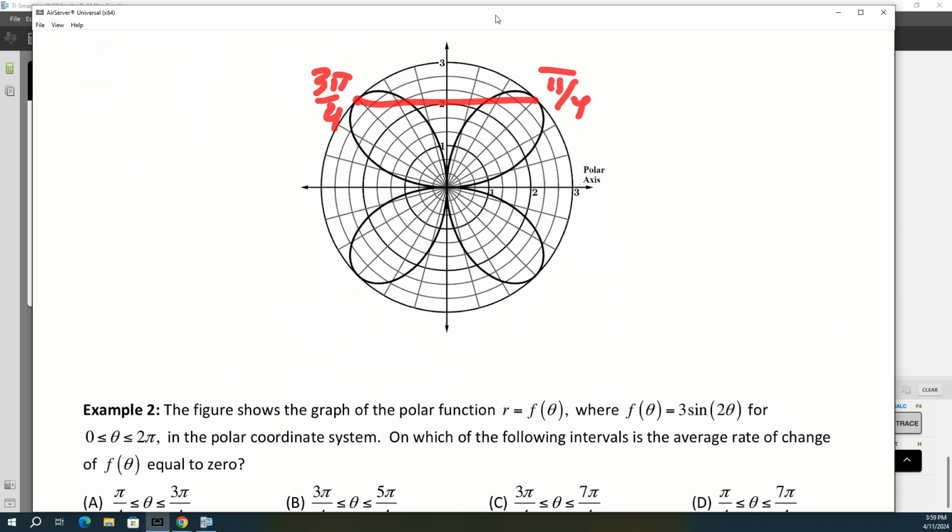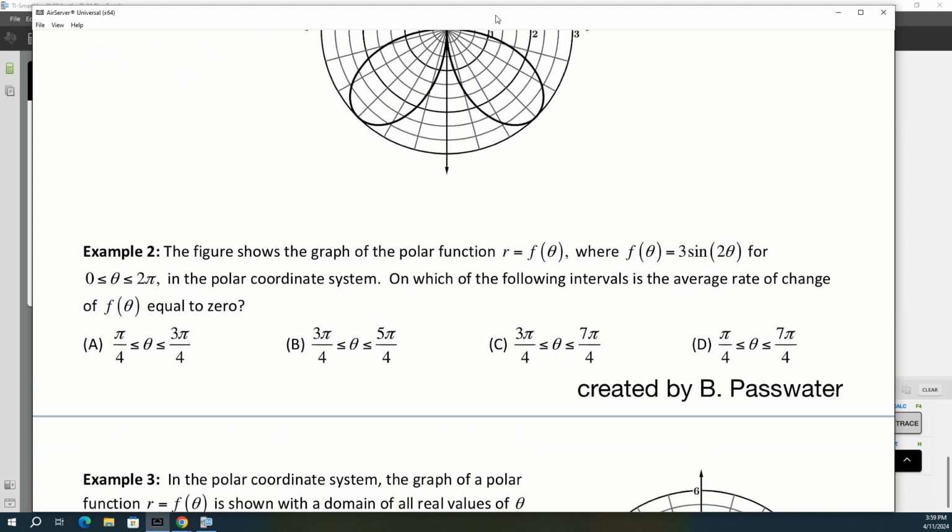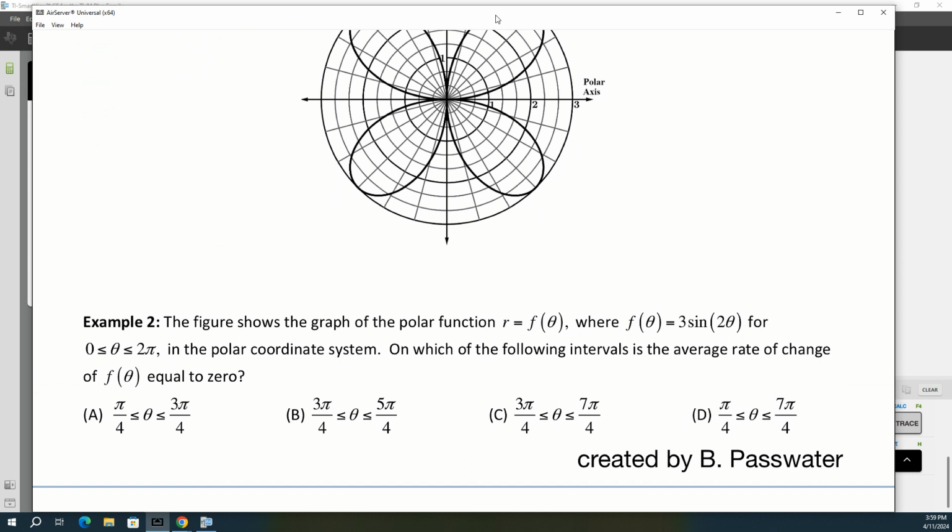And that looks like a slope of 0, but polar slopes and polar average rates of change don't translate the same way as rectangular. Because maybe this point over here, r is technically -3, and that's a change of 6 to go from 3 to -3. So I'm going to actually, on this problem, just ignore that graph and just let my calculator figure it all out for me.